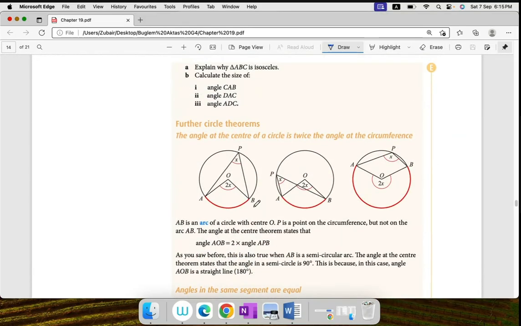Okay, this is a second problem. Name of the property is angle at center is twice the angle at circumference.